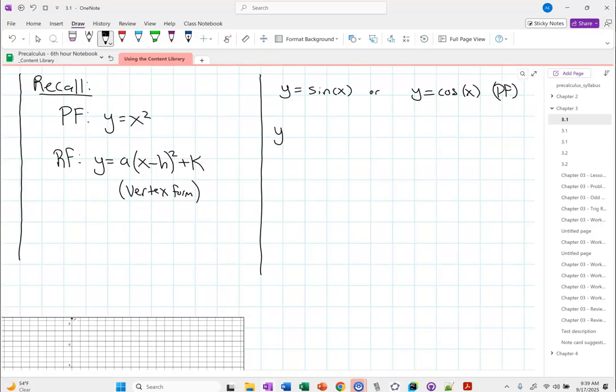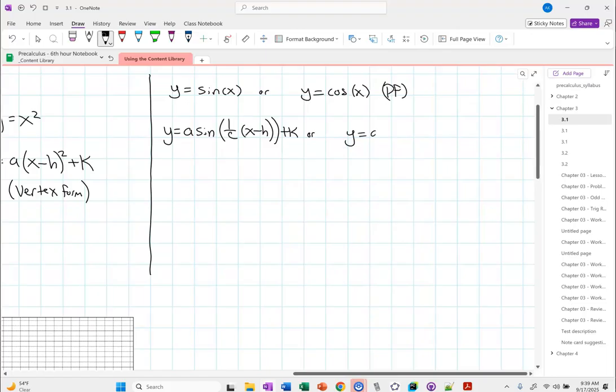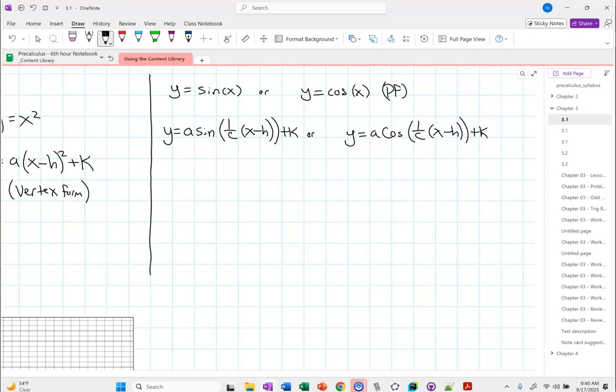So our resultant function is going to be y equals a times sine 1 over c times x minus h plus k, or the same thing just with a cosine instead of a sine. And these are like your resultant function.